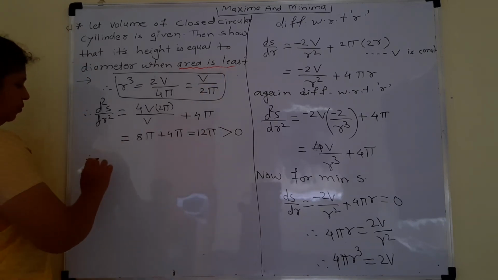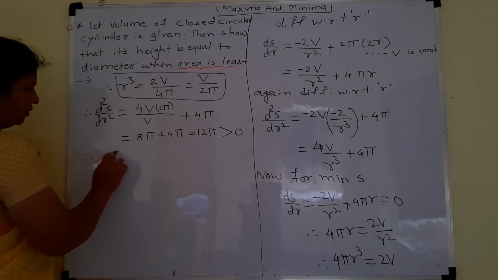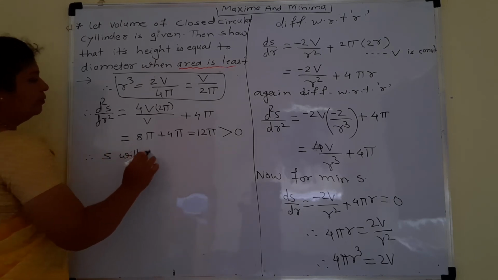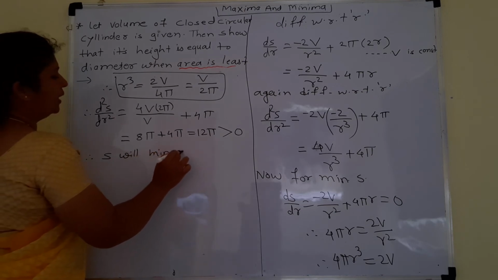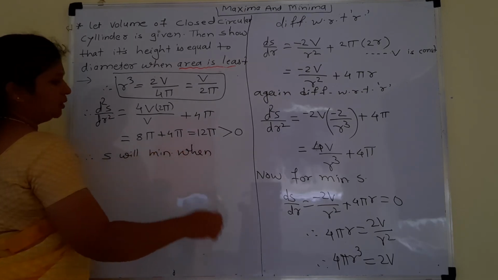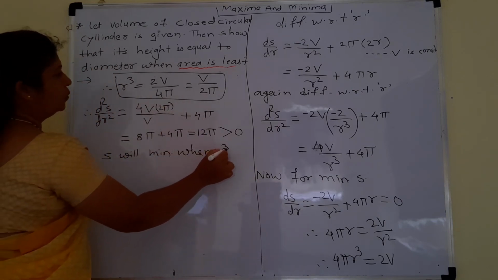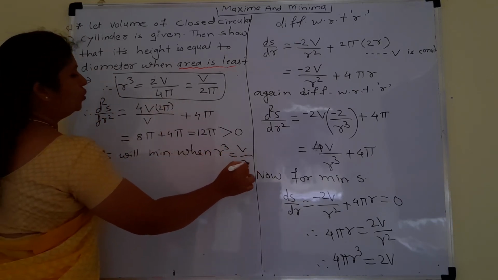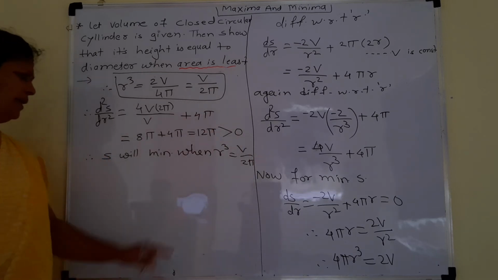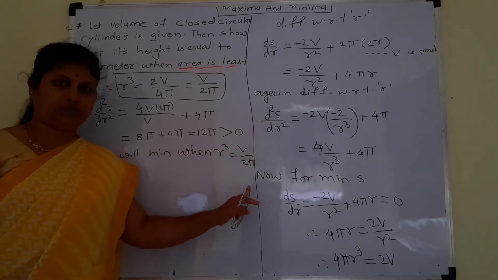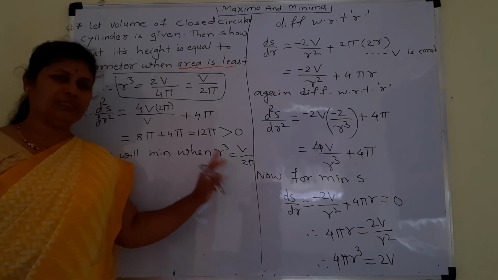Therefore the function s will be minimum when this r cube is equal to v upon 2 pi. Keep it as it is, or you may calculate this r is equal to cube root of this one. Okay, but I will keep this as it is.